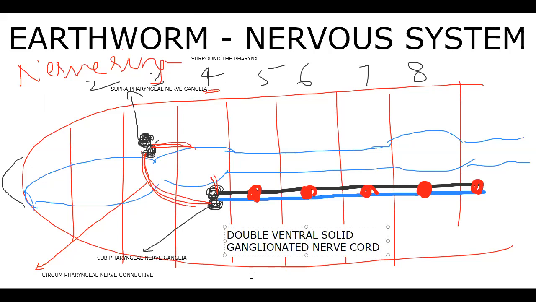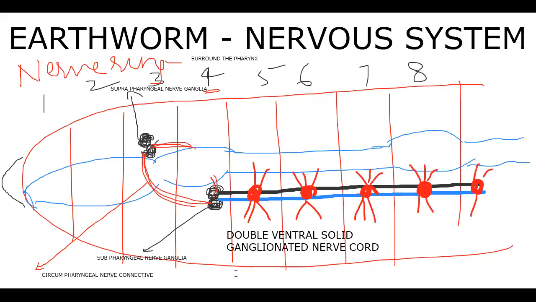The double ventral solid ganglionated nerve cord is sending nerves to every segment. The nerves from here will go to every segment, to the respective segment where a nerve ganglia is present.